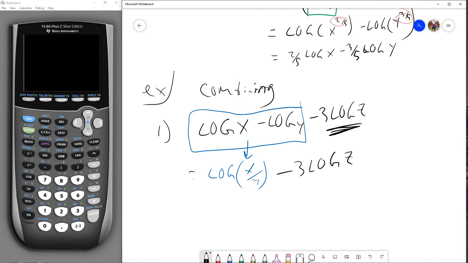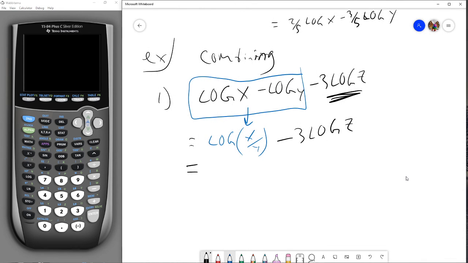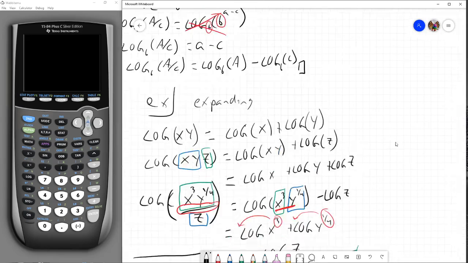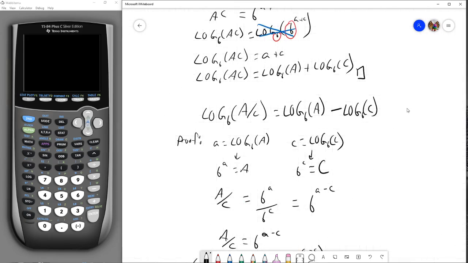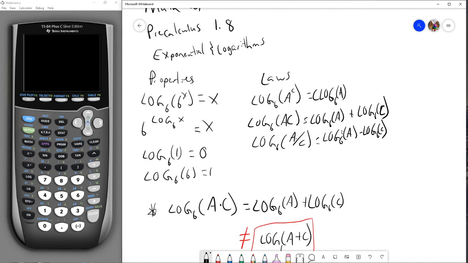Our next step, we need to take into consideration now just log of z. Before we do anything, if we look at our laws of logs up here, notice for multiplication or division, there are no coefficients in front.